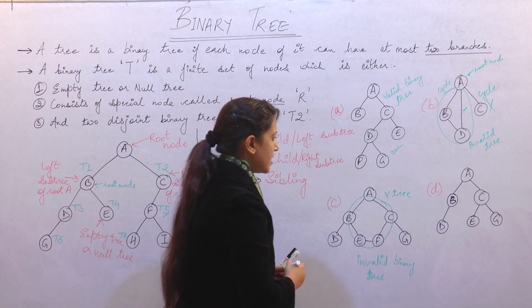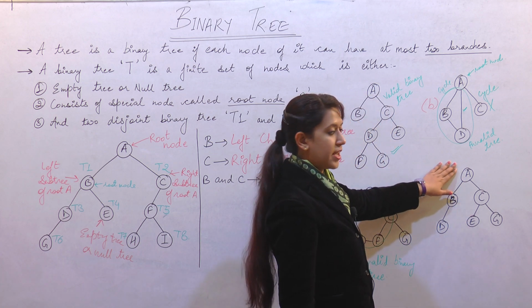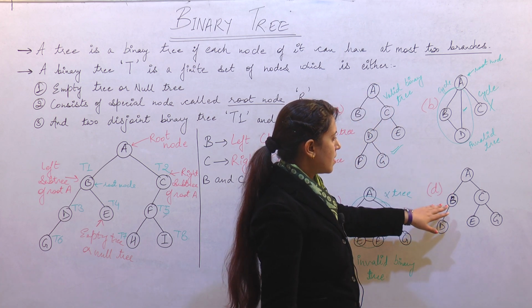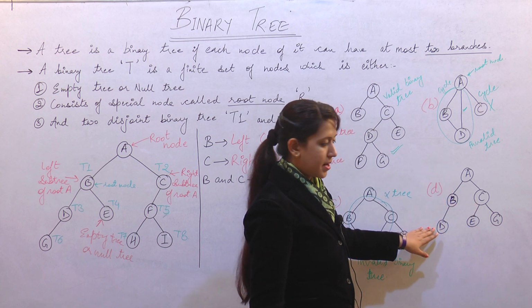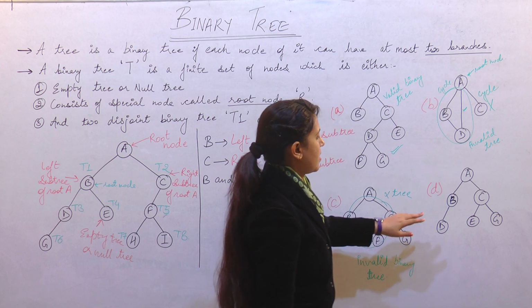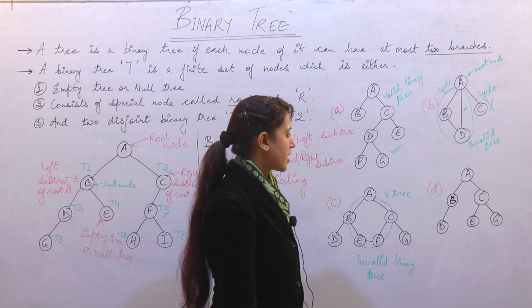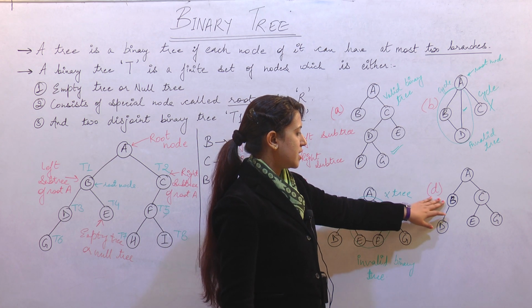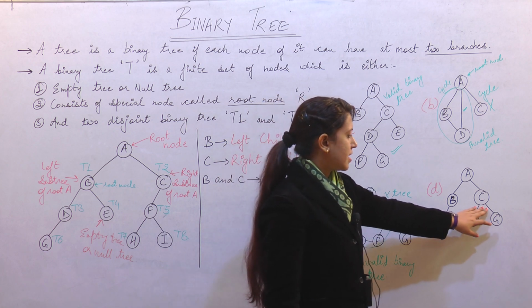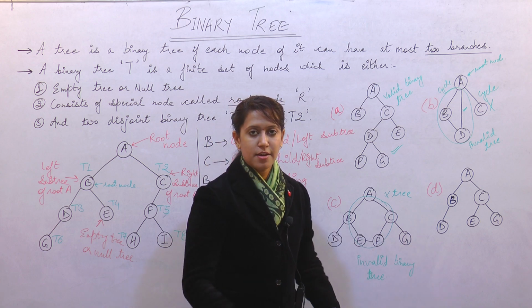Now looking at the last example, in this example of tree we are having A as the root node, its two children B and C. Any node can have at most two branches, that means any node can have either 0 branch, 1 branch or 2 branches. So B is having 1 branch, C is having 2 branches, and no loops or cycles are formed.